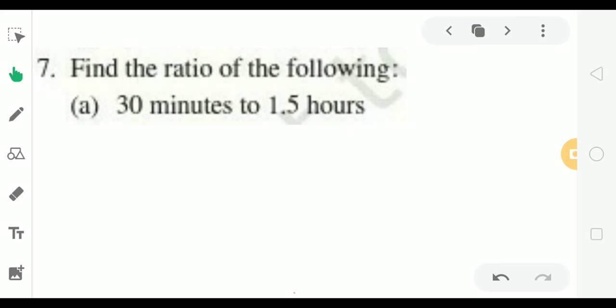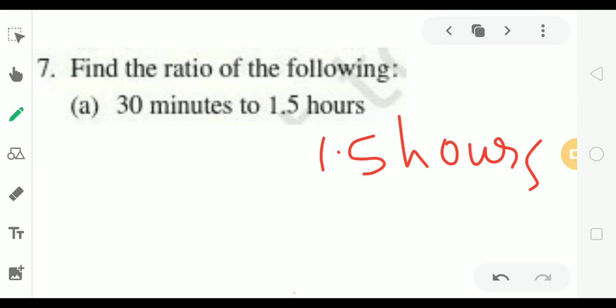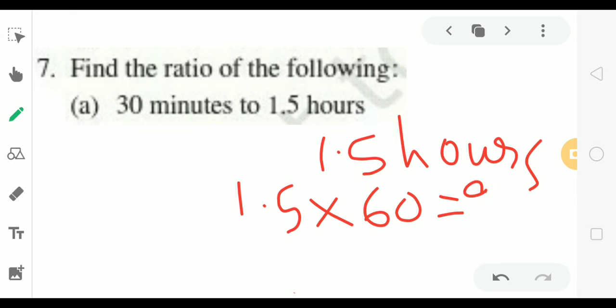So we have to change them into the same units. So 1.5 hours we have to change in terms of minutes. 1.5 hours means 1.5 of an hour into 60. So 1.5 into 60 we will get 90.